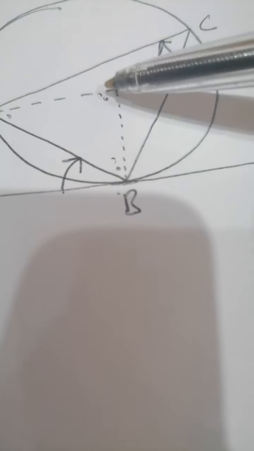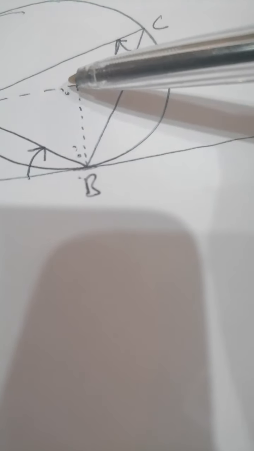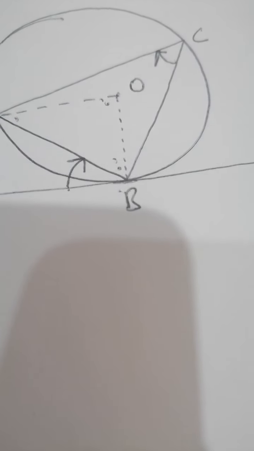So we know that if you drop radius OB to line XBY, the angle that OB makes with line XBY is 90 degrees, because the radius is always perpendicular to the tangent at a point.